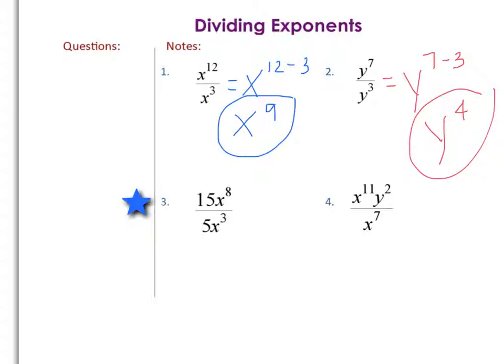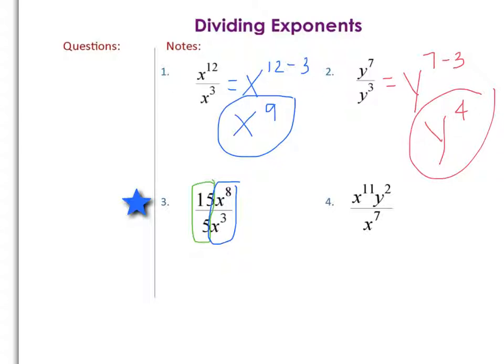Ooh, so this one down here has a big star by it, number 3. It says 15x to the 8th divided by 5x to the 3rd. Whenever I have problems like these, your numbers are separate from your letters. Those are two separate problems connected by multiplication.